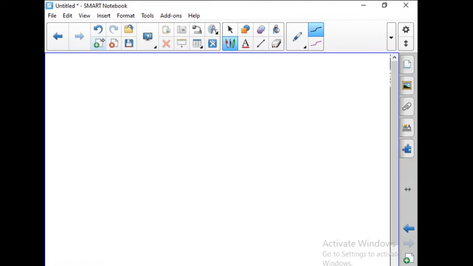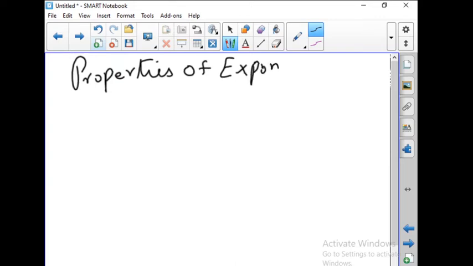First we will see the properties of exponents. Here we have a few properties which are very simple, which you already know. What is the first one?